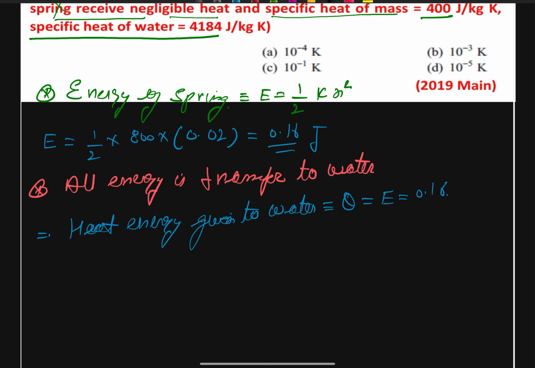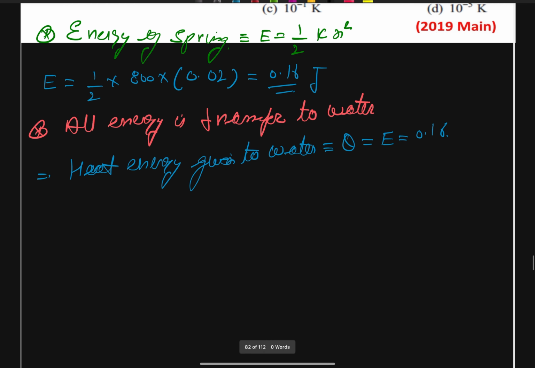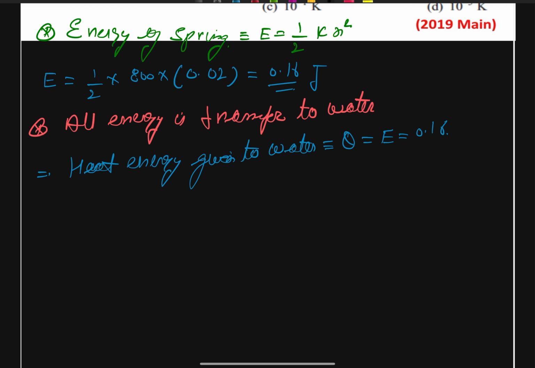Now it is quite easy to solve. We know that the formula for Q is equal to C multiplied by delta T. From here we can say that delta T is equal to Q upon C, and C is our total heat capacity.